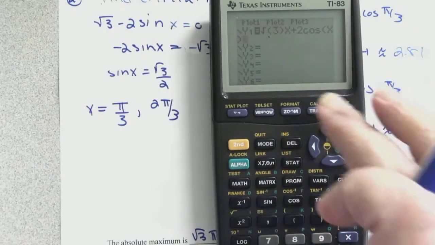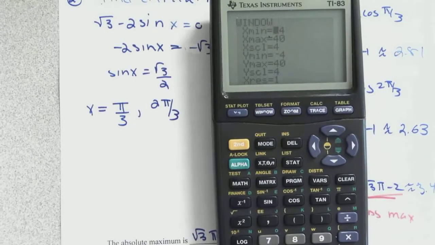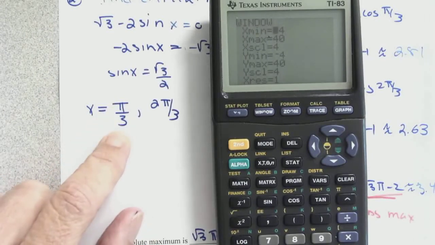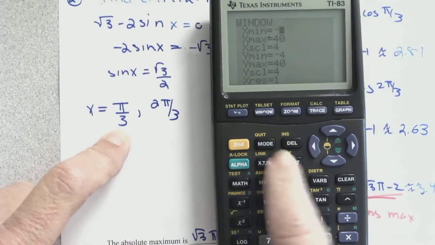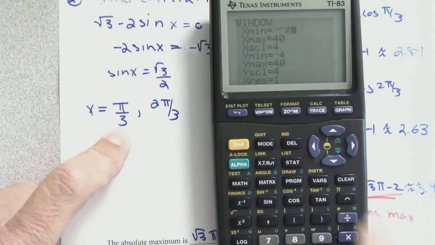First of all, we were graphing on 0 to pi. So I'm going to go a little bit further than 0 to pi. I'm going to start at negative pi divided by 3.